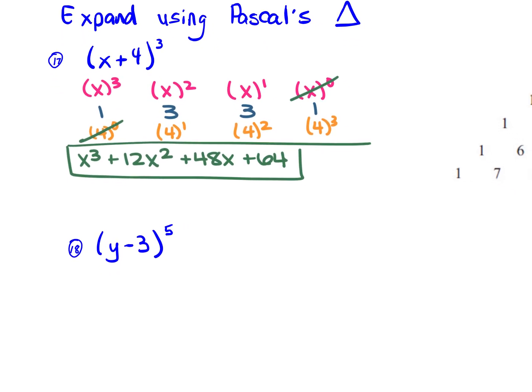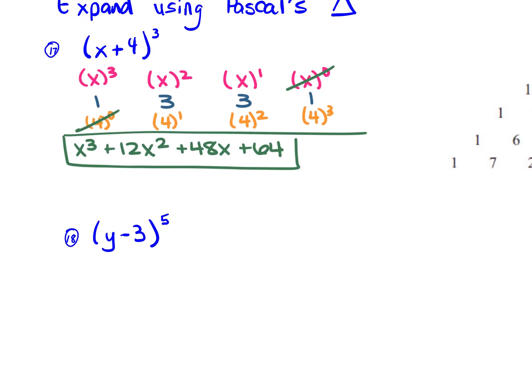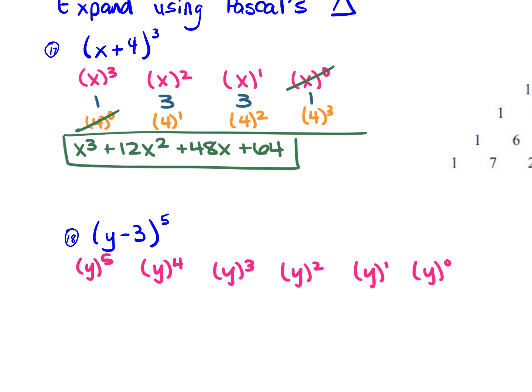For number 18, we have y minus 3 to the fifth power. So we're going to start with y to the power of 5, y to the fourth power, y to the third, y to the second, y to the first, and y to the power of 0. Our power is 5, so we use the fifth power row from Pascal's triangle.